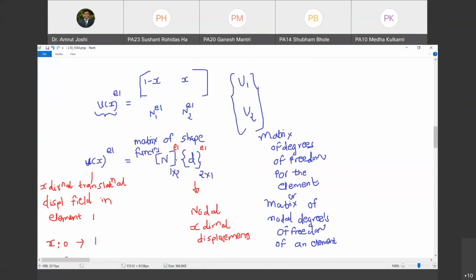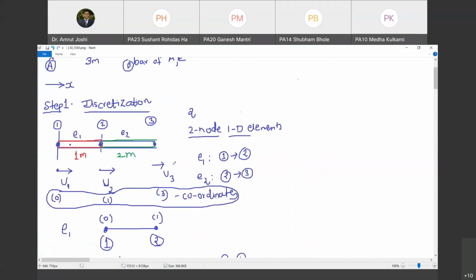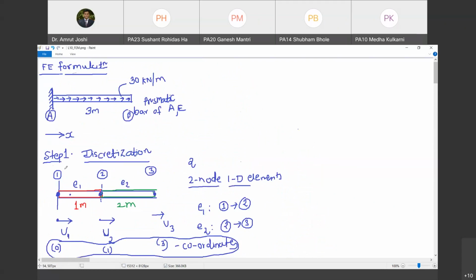I hope everybody is with me. Okay, so this was the first step: discretization and then setting up the equations for displacements within the element depending upon the nodal displacements. The only displacements that we are going to treat as unknown are u1, u2 and u3. What is the next step?